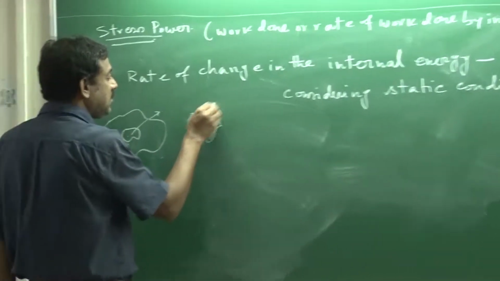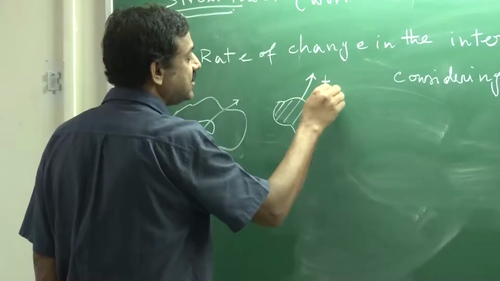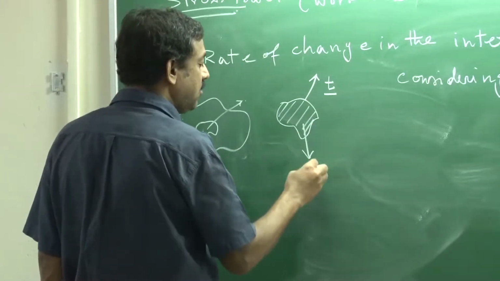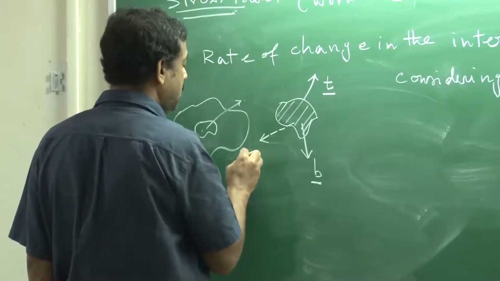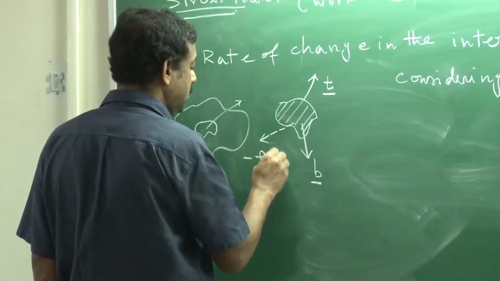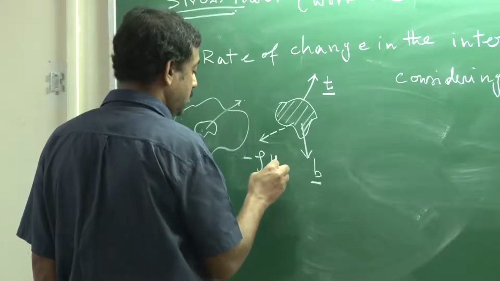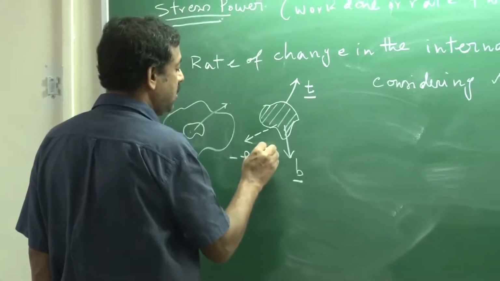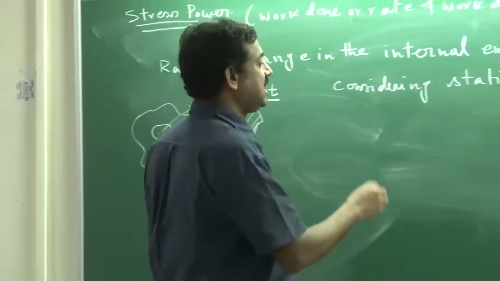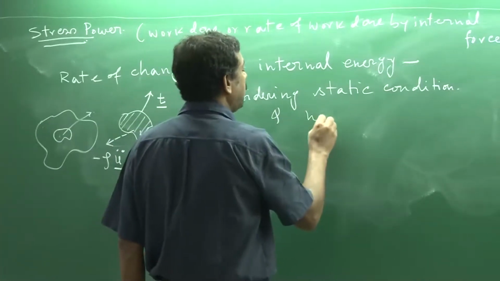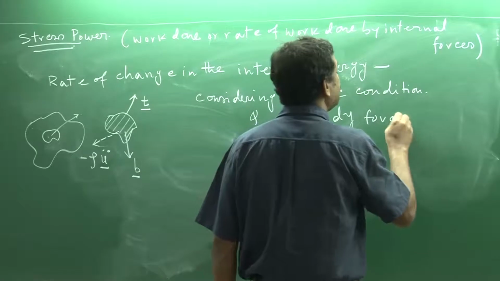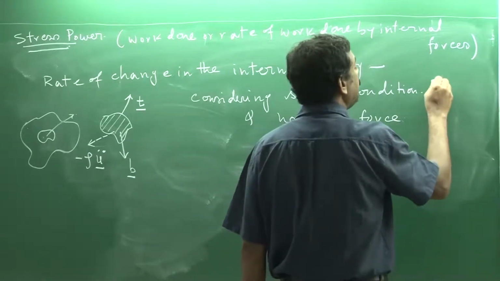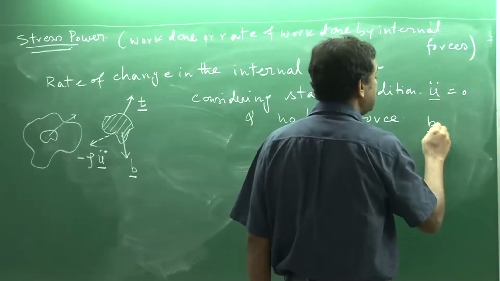Considering the static condition just keeps the equation simpler. Static means there will be no inertia. So, what forces act? It is T bar, and there will be the body force, and if you recall, we have written minus rho u bar double dot. If we consider the static case and assume no body force, then u bar double dot is 0 and b bar is equal to 0.